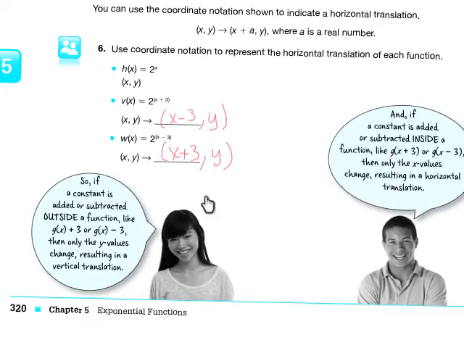So you want to understand this very clearly, okay? This young lady says that the shift goes up or down if the number you're adding is outside of the function. And this gentleman says if the number you're adding or subtracting is inside the function, which is inside the parentheses, then the shift goes the opposite direction, okay? So write that down in your notes so you can understand clearly what this is talking about.